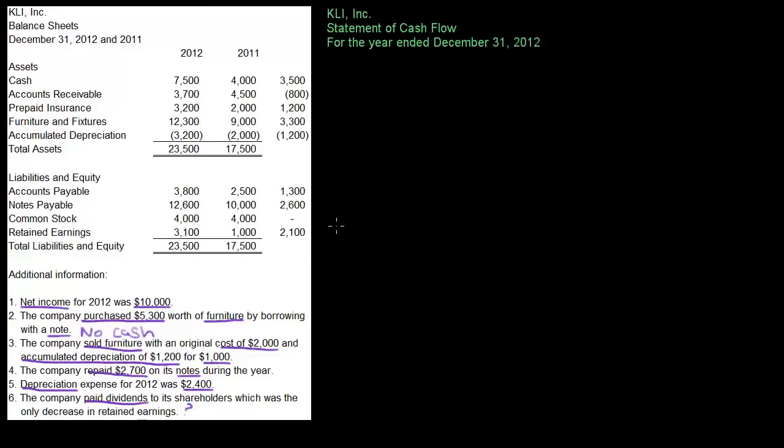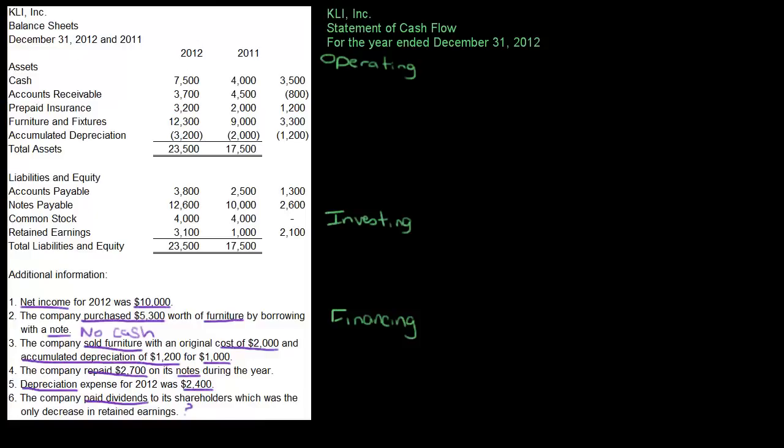The 3 sections of the cash flow statement are the operating section, and hopefully I'm going to leave enough space here, investing, and financing. I'll leave myself some space. So these are my 3 sections: operating, investing, and financing.